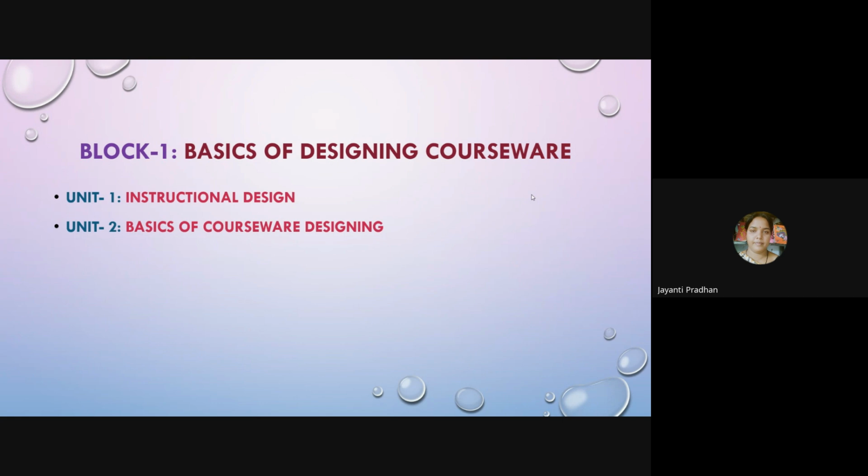So in total we have 8 units in this new paper code 134. Today, as we discussed 2 blocks of that paper earlier, we will again discuss the first unit, that is instructional design. Then in later classes we will cover all the units in all the 3 blocks.